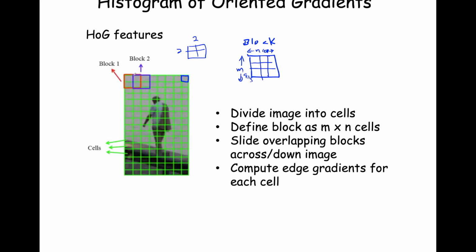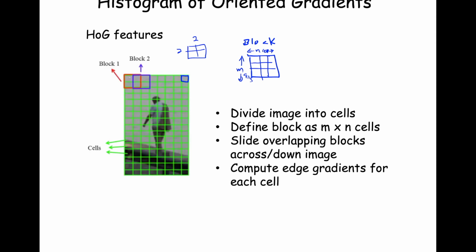The second block, the blue block, represents the block at the next position. One observation is that the block in the first position overlaps 50% with the block in the second position. So we can move the block so that it's non-overlapping or overlapping by some percentage.